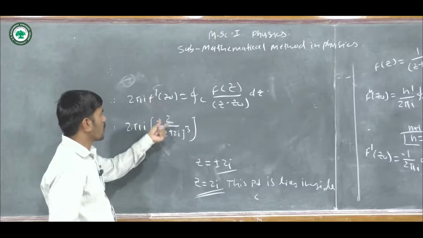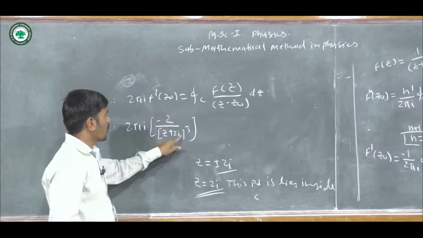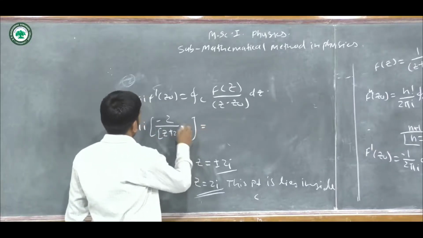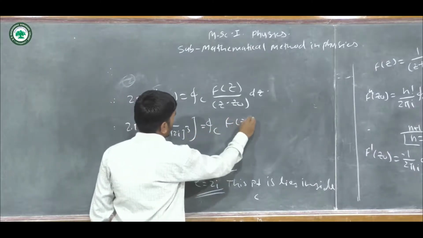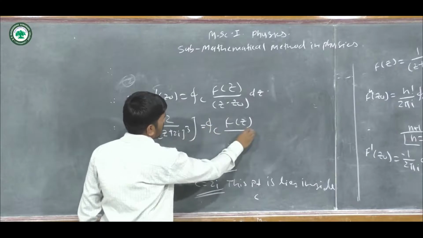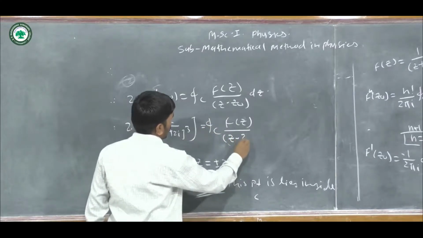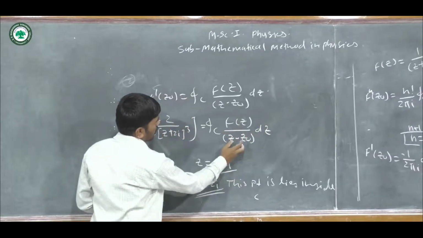If we take the derivative, f prime is minus 2 divided by (z plus 2i) to the power 3. So this is equal to the closed integral over C of f of z divided by (z minus z naught) squared, dz.